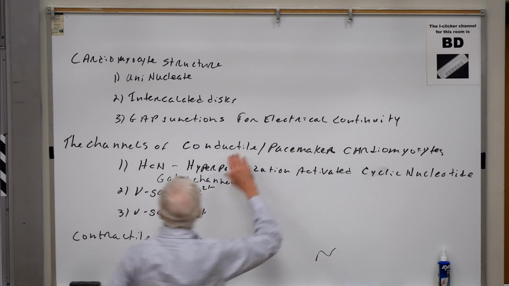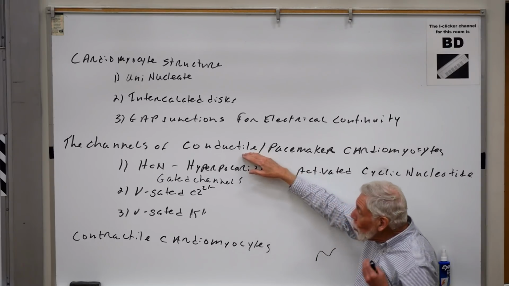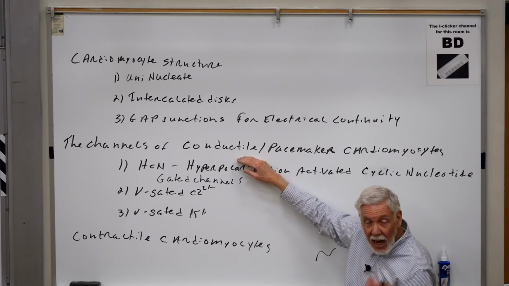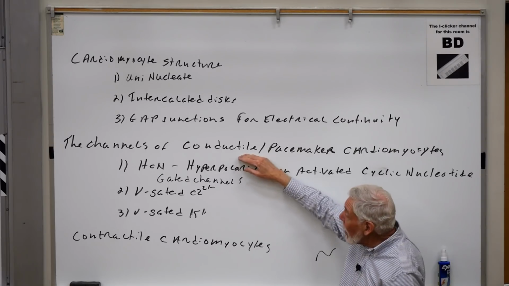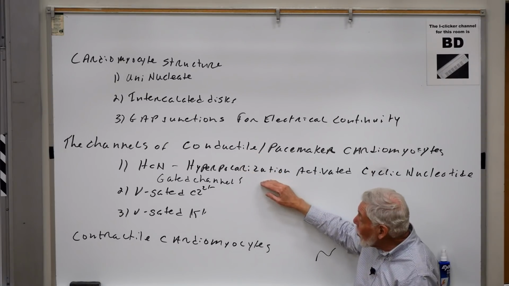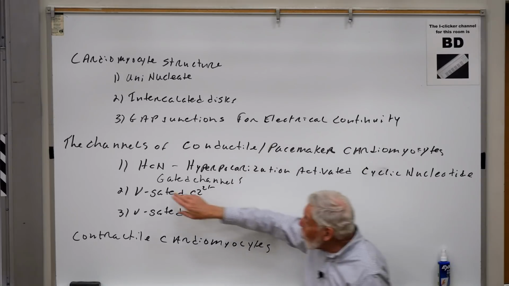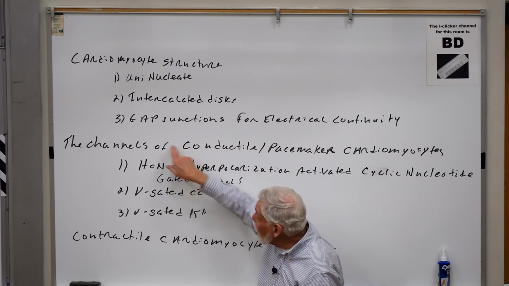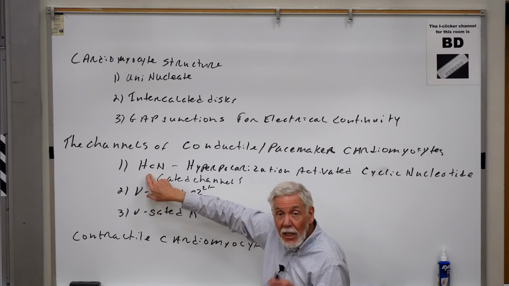But where we want to start is the peculiar set of channels we find in the pacemaker cells, in the SA and AV nodes. The cardiomyocytes dedicated almost entirely to generating electrical signals are located in the SA node and AV node, and one of their distinguishing characteristics is this channel type called an HCN channel.